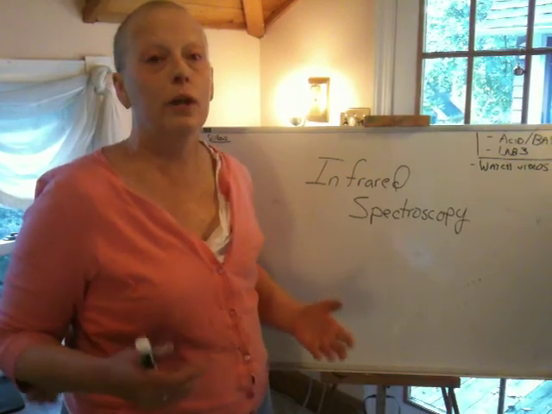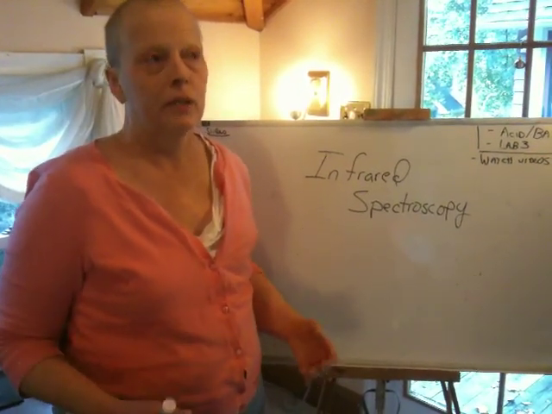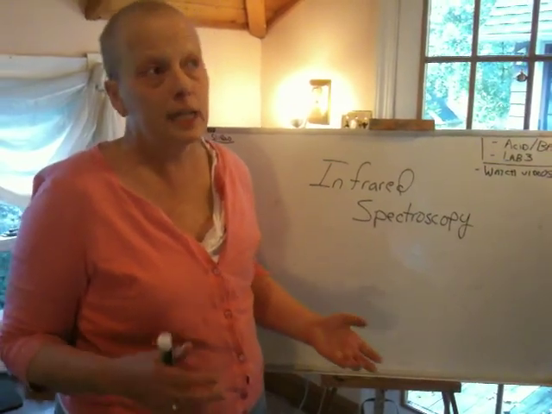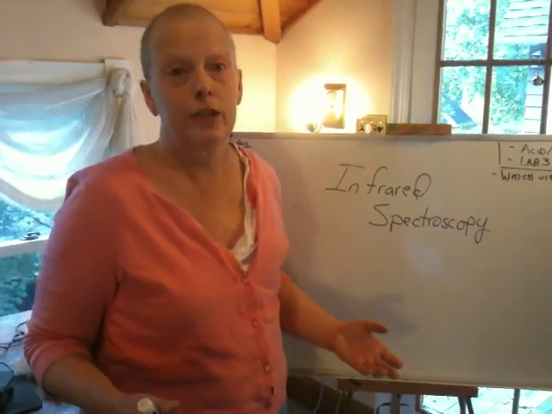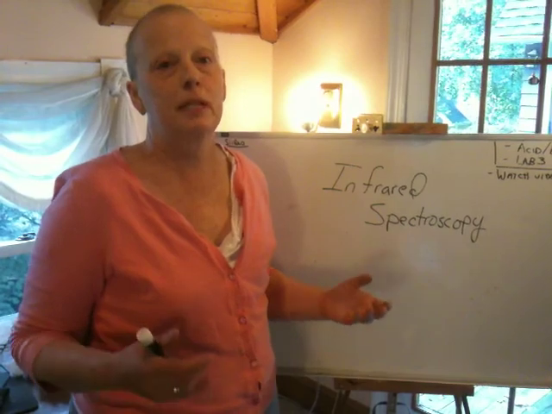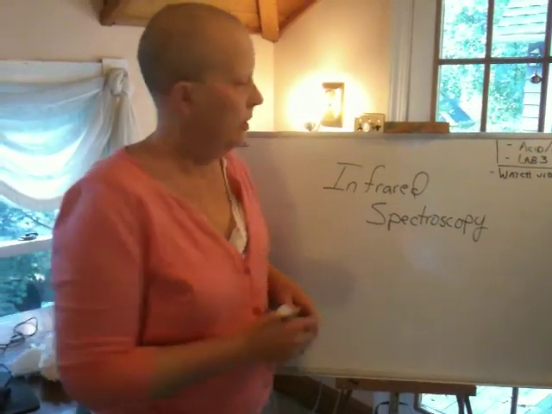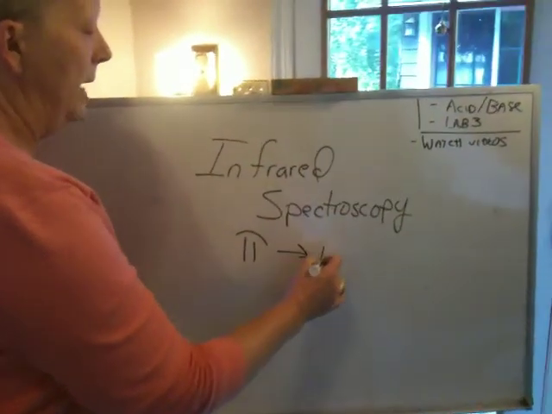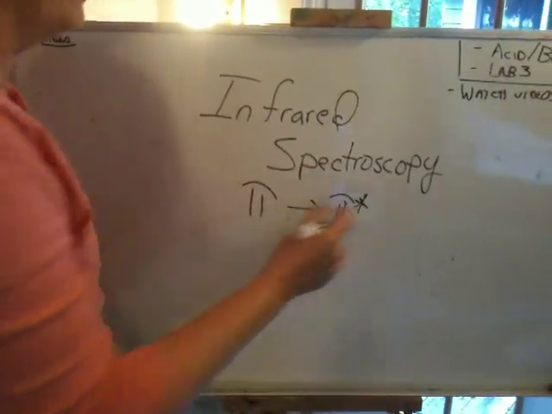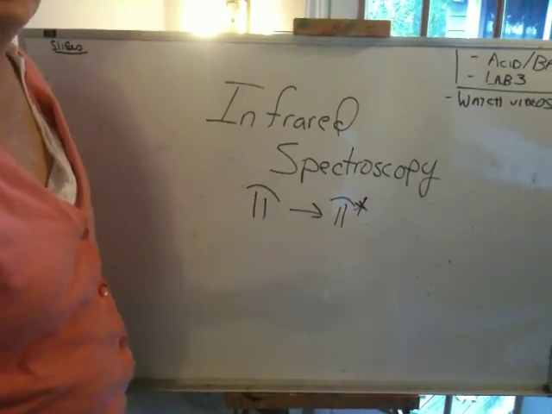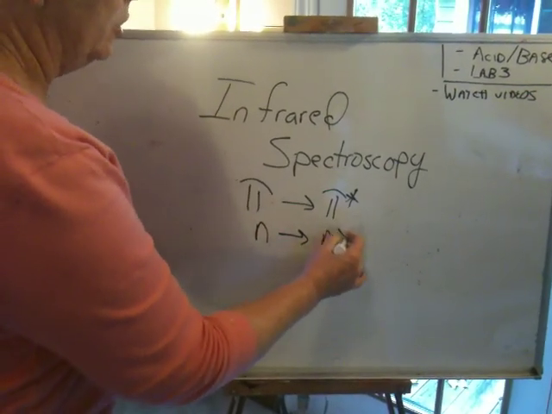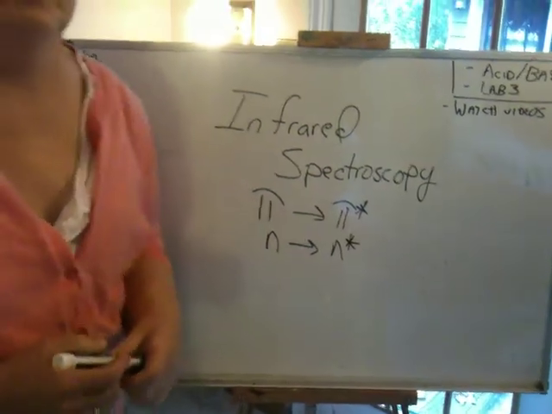Okay? Now, when you were working with UV visible light, what kinds of transitions were occurring? Well, UV visible light is kind of moderate in its energy, and what actually happens is you are promoting electrons from a pi to a pi star orbital, and you probably remember studying this in general chemistry, or perhaps from an n to an n star level, okay?